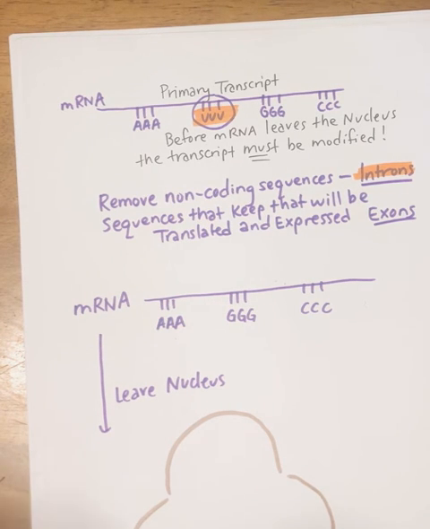Your mRNA leaves the nucleus and it is going to attach to your ribosome so that it can be read. So the first one that we would read would be AAA. So it's going to be moving in this direction. And then we're going to read GGG. And then we're going to read CCC. Now the ribosome, as it reads them, is going to build the amino acids.